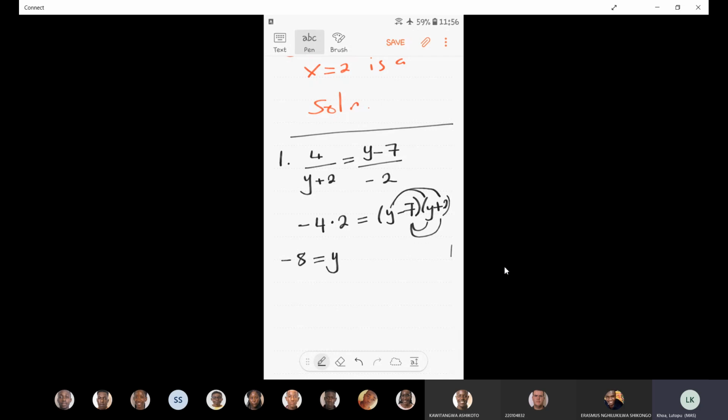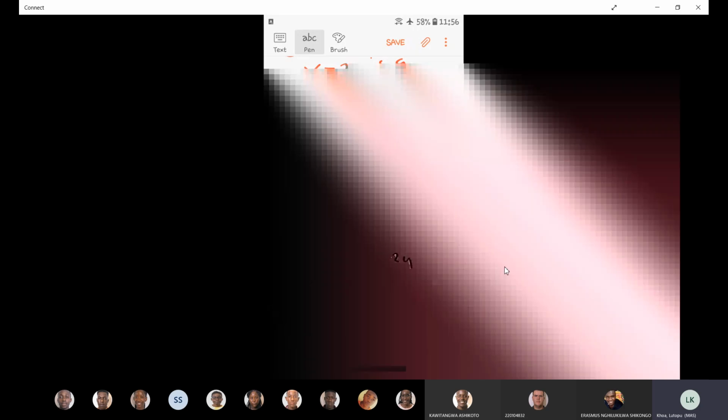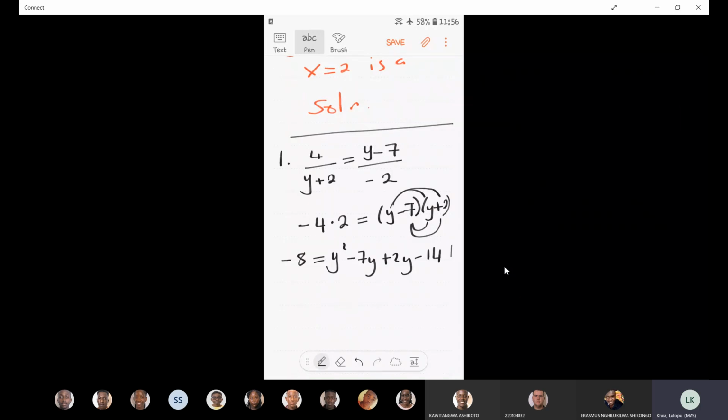So I have y squared minus 7y plus 2y minus 14. Okay, so y times y is y squared, y times 2 is 2y, negative 7 times y is minus 7y, and then negative 7 times 2 is minus 14.